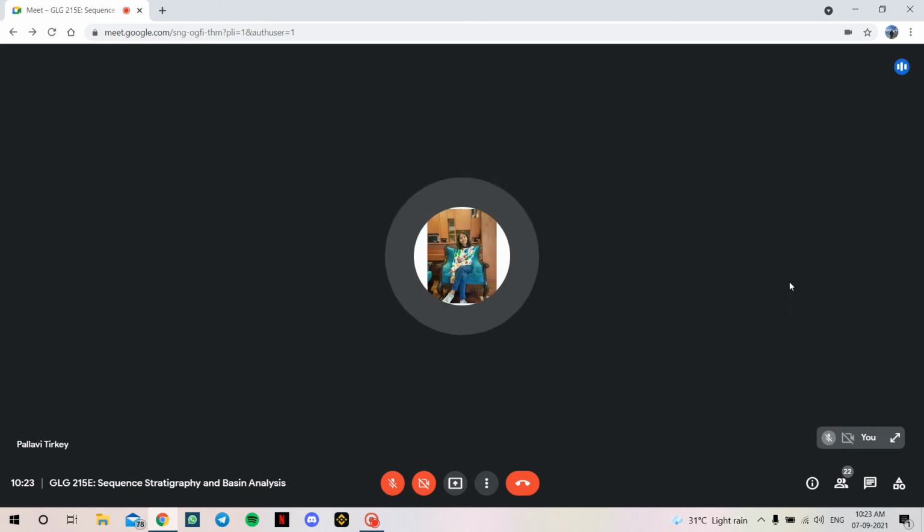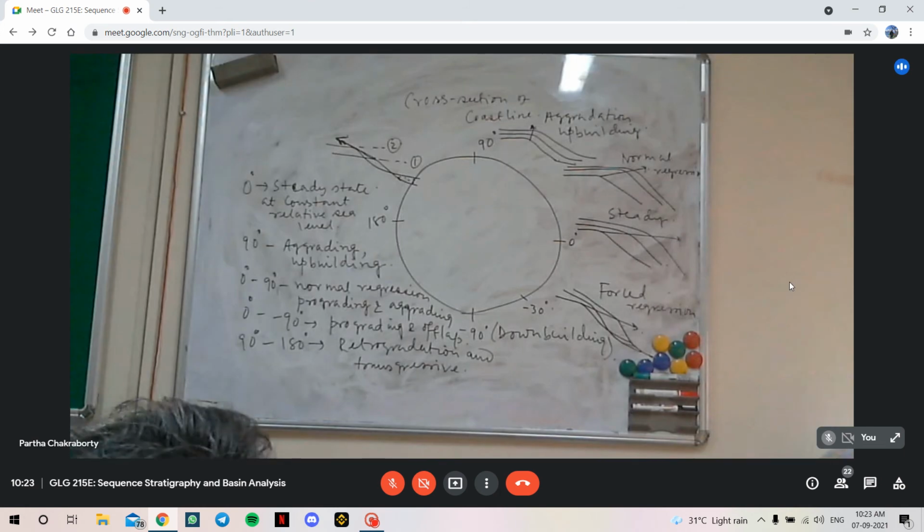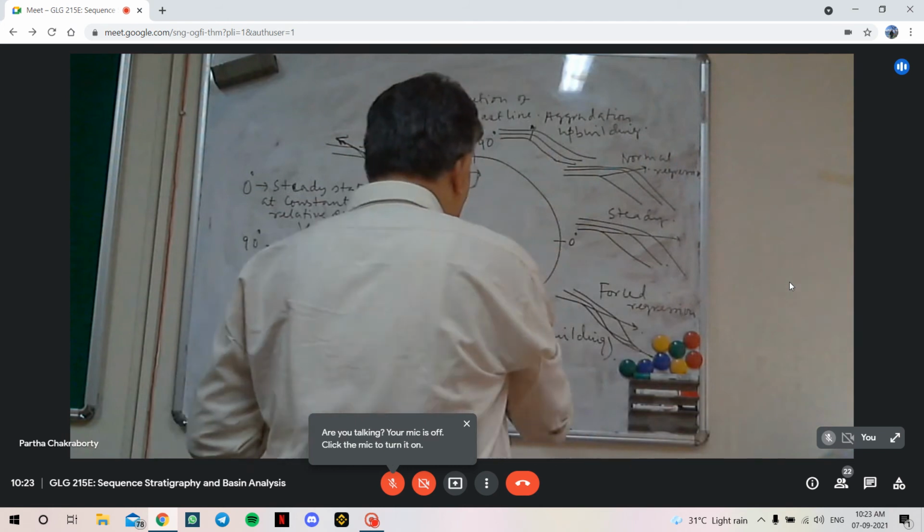So the down building, is it in the diagram or is it for 0 to minus 90 degree? This one, minus 90 degrees.